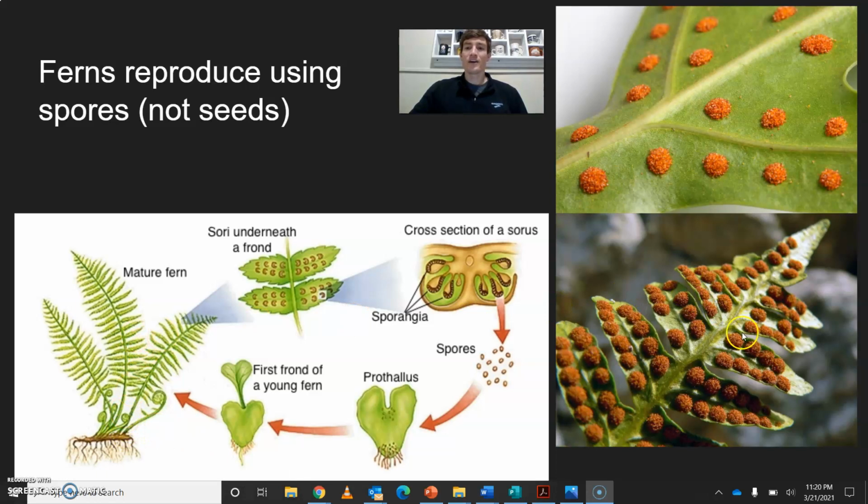If you look on the underside of a fern frond, you'll find these furry-looking things on the bottom. They always remind me of some creature that's living under there, but this is actually part of the fern. It produces spores, and like many of these other examples that we're going to talk about, the spores will drop into the wind, and the wind will carry them away.